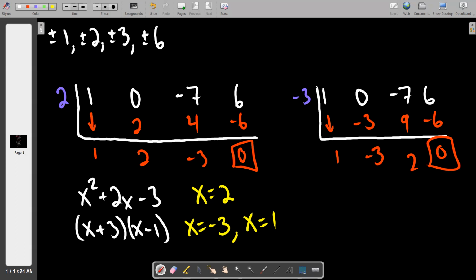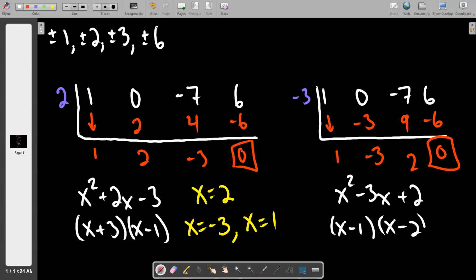It doesn't matter which one it is. If I do Christian's method, the remaining 3 numbers spell out x squared minus 3x plus 2. And when I factor Christian's expression, I get x minus 1, x minus 2. It's neat. Like everyone is still accounted for. On Christian's side of things, the one he found was x equals -3, but the ones that we find from his factoring are x equals 1 and x equals 2.